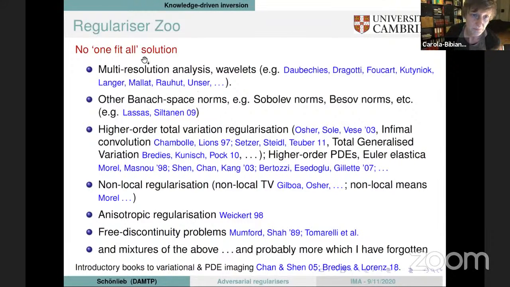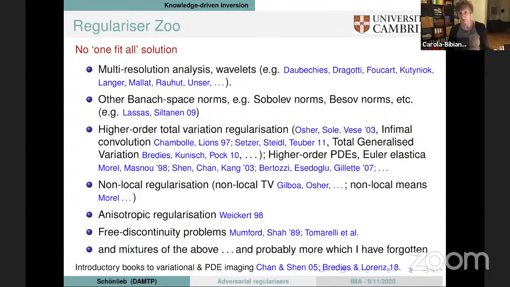One of them is, of course, that many of you know, multi-resolution analysis, wavelets, other Banach space norms, Sobolev norms, Besov norms, versions of total variation like higher order versions, so with higher order derivatives, or non-local versions, anisotropic versions, so not just the nonlinear regularization, but also one that gives you a directionality, and so on and so forth. So there has been a lot of development here, and this list could go on.